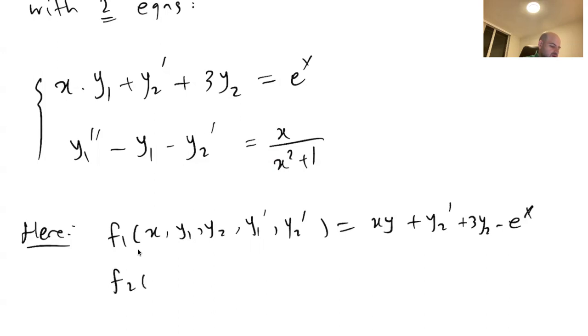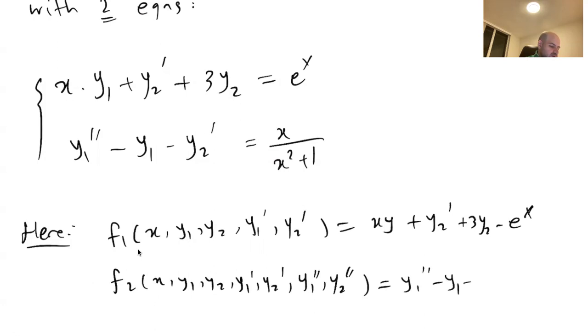And F2 of x and y1, y2, y1 prime, y2 prime, y1 double prime, y2 double prime is y1 double prime minus y1 minus y2 prime minus x over x squared plus 1.